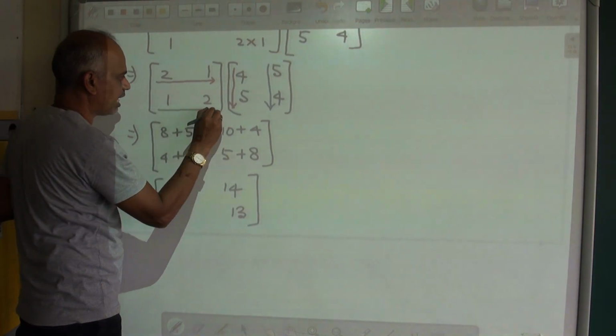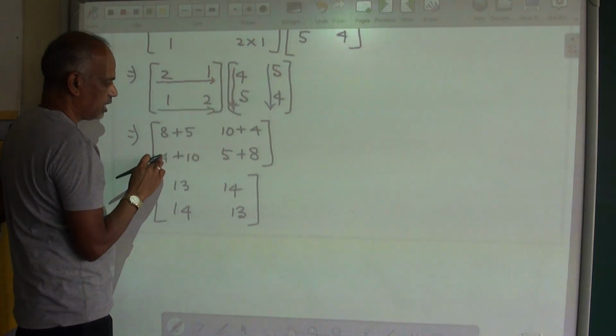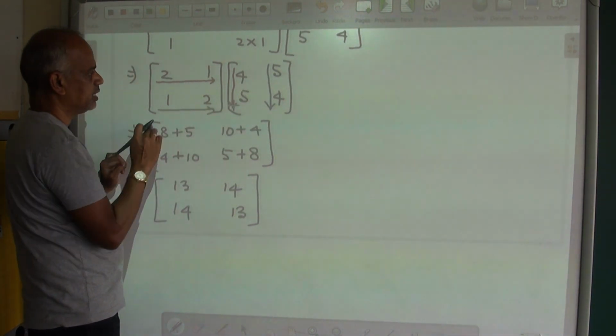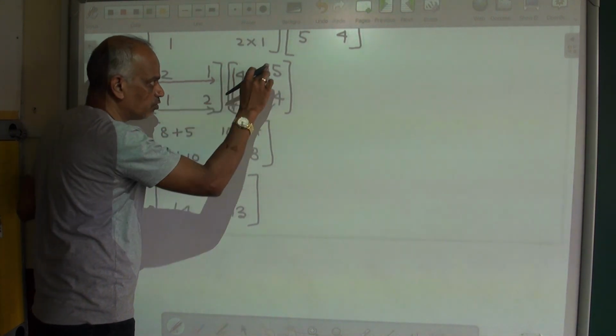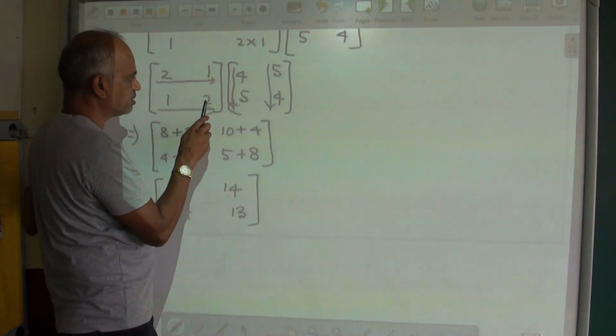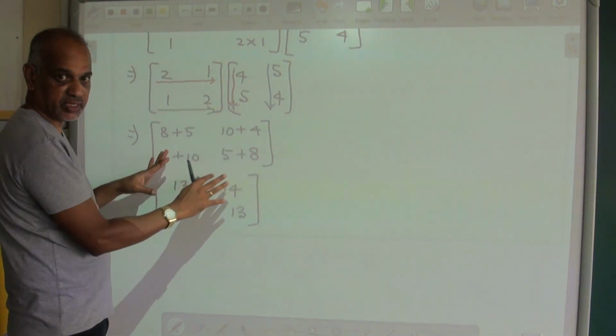Next, second row with first column: 1 into 4, which is 4, plus 2 into 5, which is 10. And lastly, second row with second column: 1 into 5, which is 5, plus 2 into 4, which is 8.